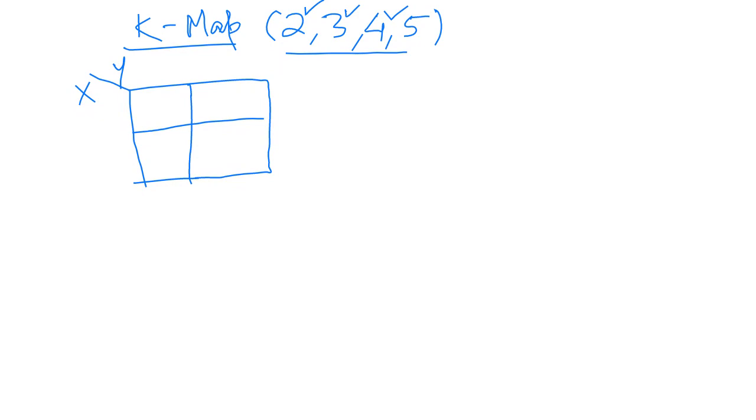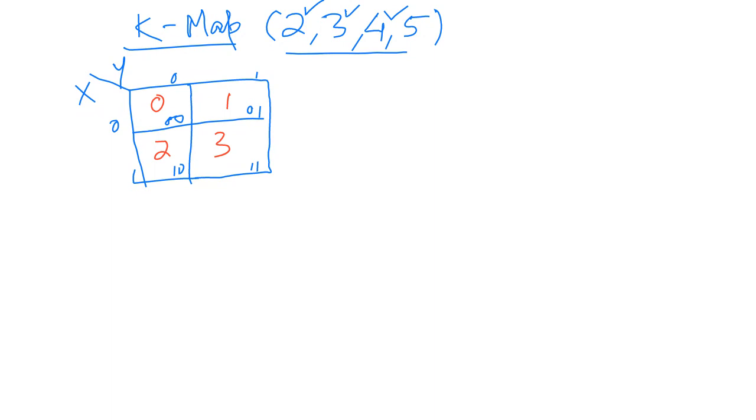For example, x will be having two options, 0 and 1, and y will be again 0 and 1. So it will be 00, 01, 10, and 11, right? Or for example, if you talk about the position, then it will be 0, 1, 2, 3. Fine, and this is the position.